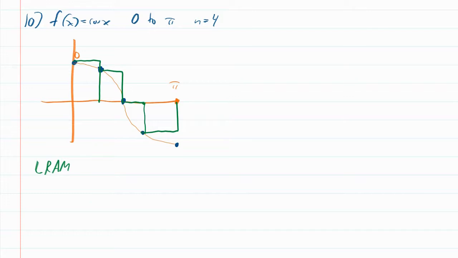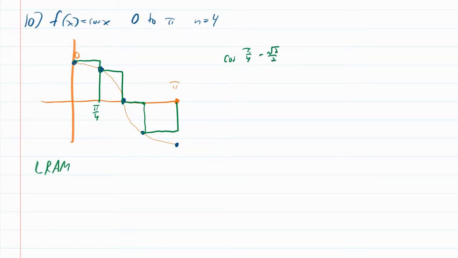And we need to know what the values are at these individual points. So this is the cosine of pi over 4, so that's root 2 over 2. I'll just put pi over 4. I know that the cosine of pi over 4 is root 2 over 2.